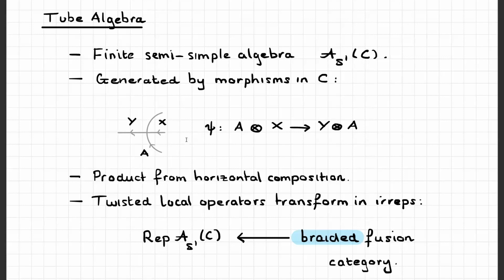And then the idea, I think almost pictorially, is that twisted sector local operators will then transform in representations of this algebra. And so that's what you'd like to capture. Well, okay, I said it's a finite semi-simple algebra. It has a bit more structure, I think, but in any case, representations of this thing form a braided fusion category.